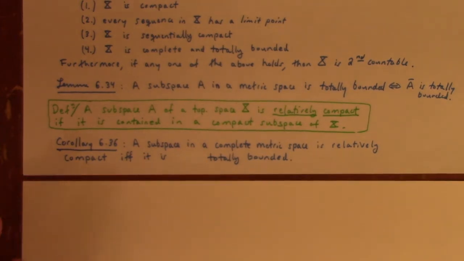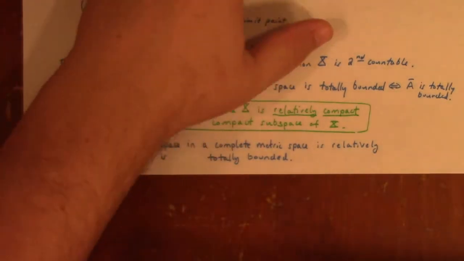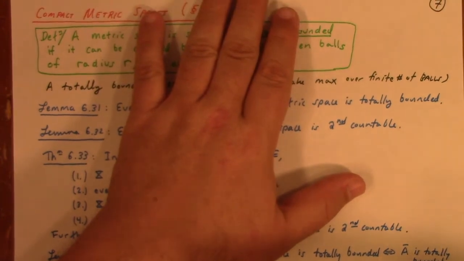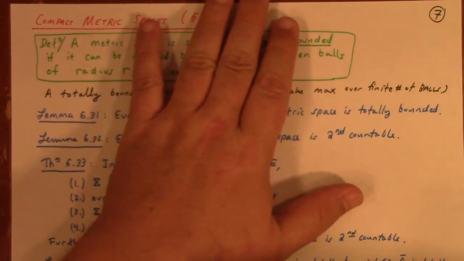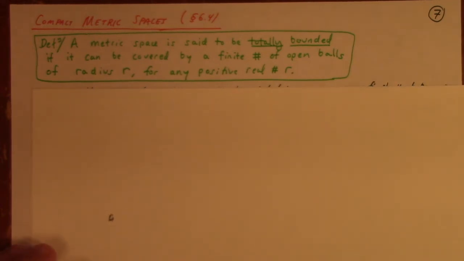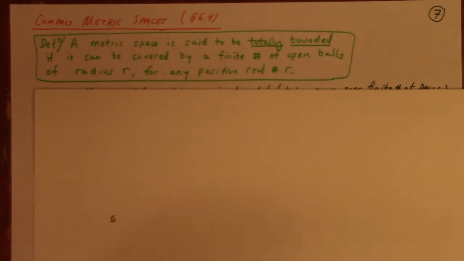So this idea of total boundedness is a nice thing to play with, because it's very concrete in some sense. You've just got this finite number of open balls of radius r. So you have that criterion, and you can use the diameter of the balls to do arguments and estimates that span the whole space.